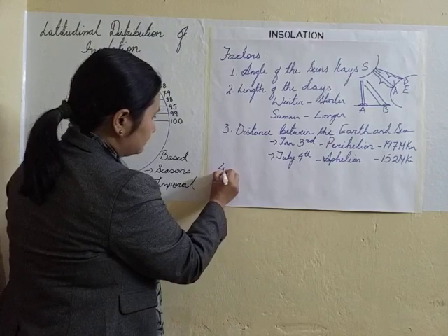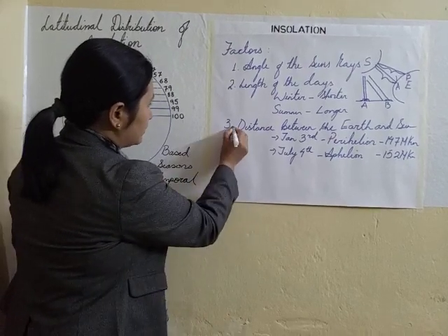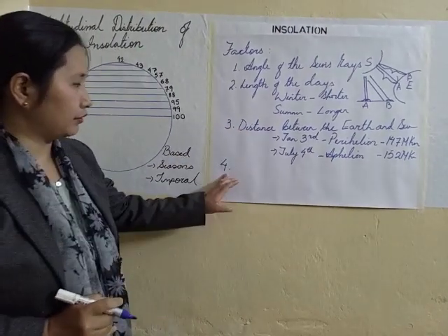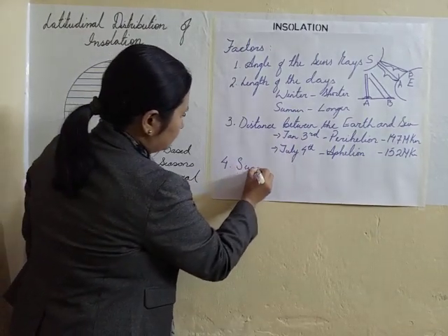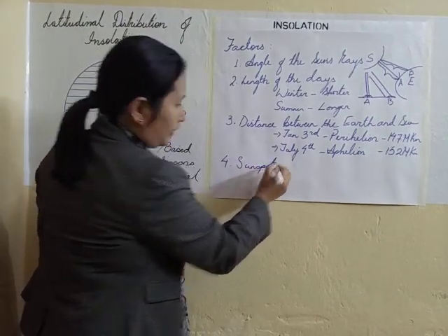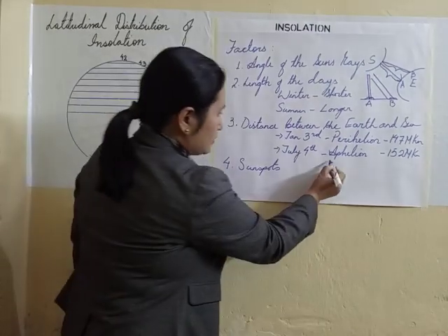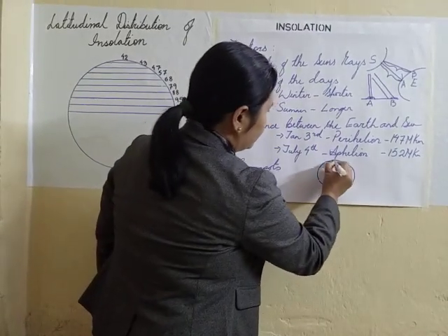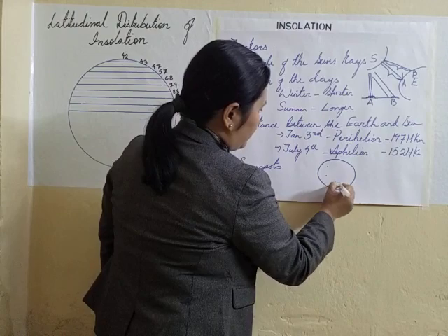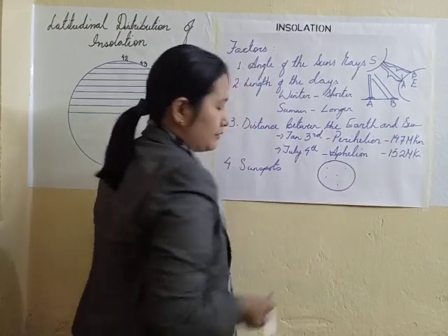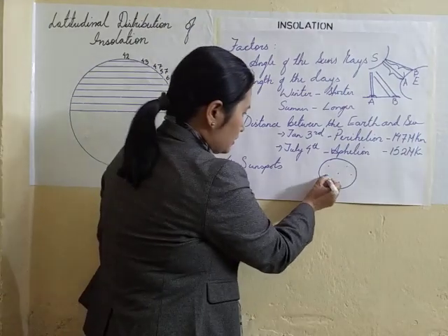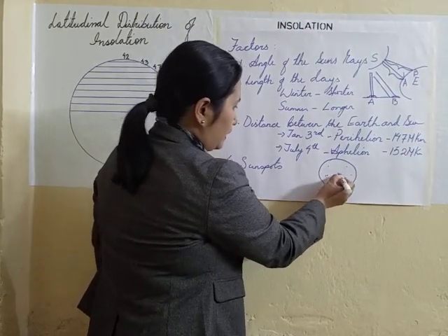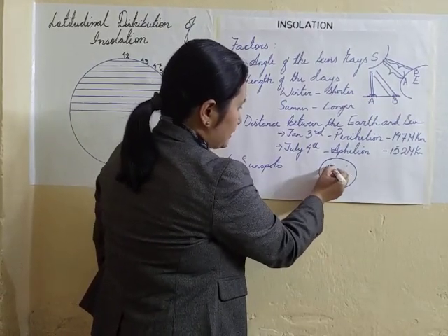Now we come to the next factor, another important factor, that is sunspots. Now what are sunspots? Suppose this is the sun. In the sun, there are particular areas where there are disturbances or explosions which take place, and because of these disturbances and explosions, the insolation increases.